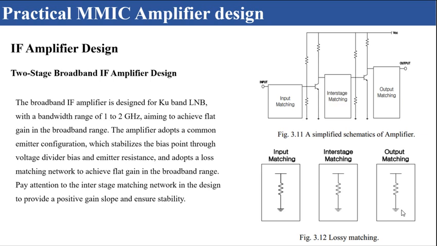The amplifier adopts a common emitter configuration which stabilizes the bias point through voltage divider bias and emitter resistance, and adopts a loss matching network to achieve flat gain in the broadband range.